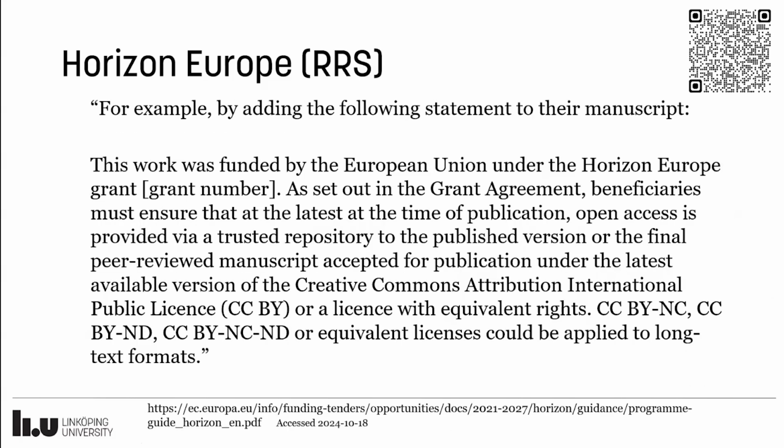And they have a similar rights retention strategy, but here they give you an example of what you can use rather than saying you need to include exactly this. It's the same spirit as earlier. You as the authors say that we will make accepted author manuscripts available later with a CC BY license stemming from this work.